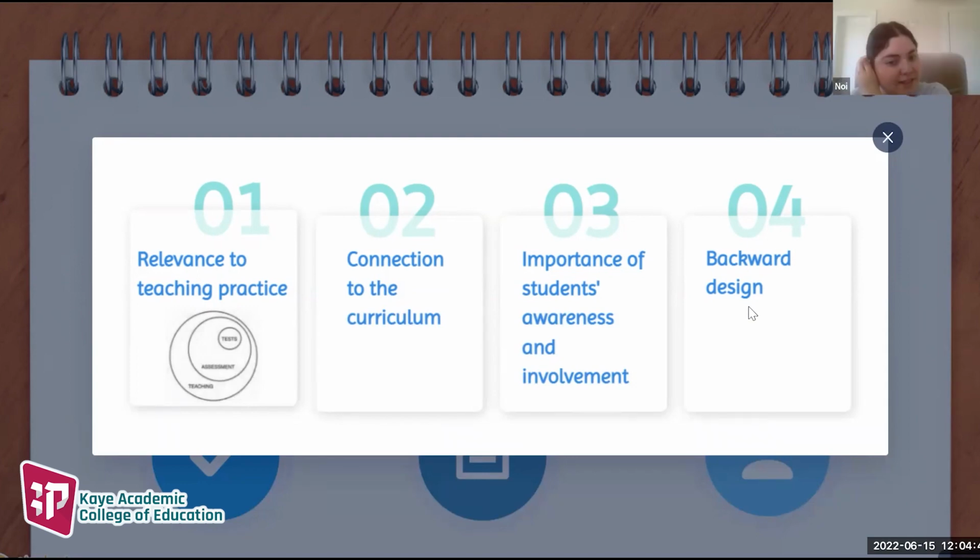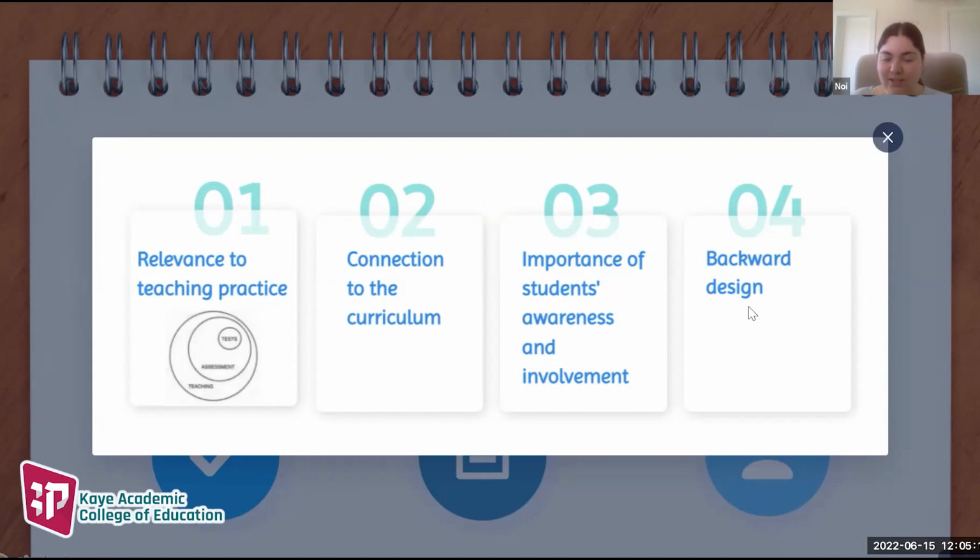And then finally, we have the backwards design, which is also a running theme throughout the college experience. But like in the graph you see in the first point, we don't start out with the test, saying okay, this is the test, these are the questions, and I need to break it down to what I need to teach the students throughout the year. No, you don't start from the end.